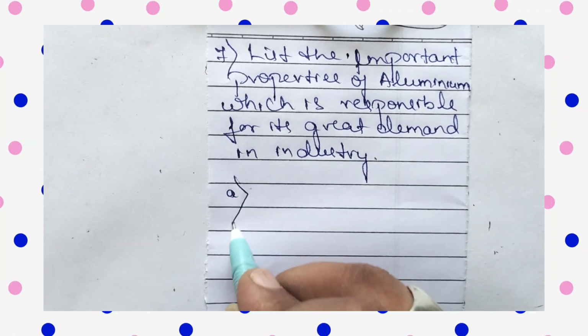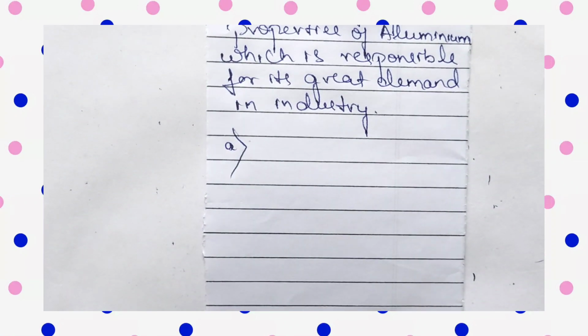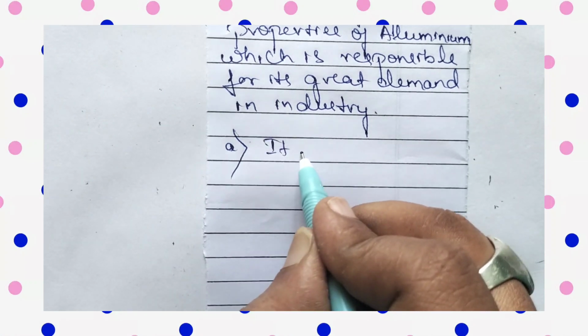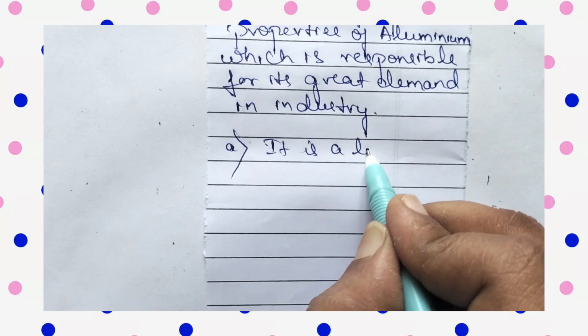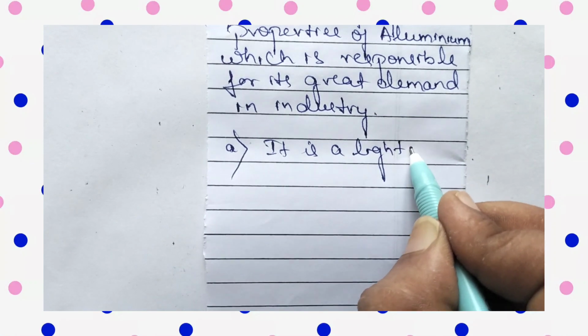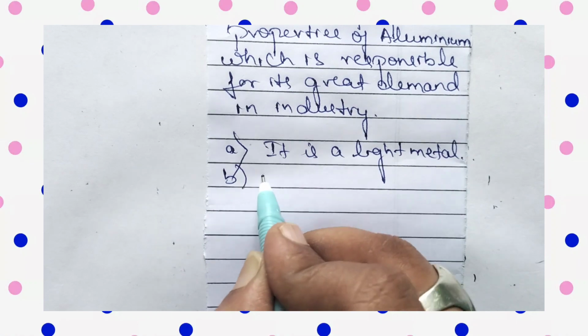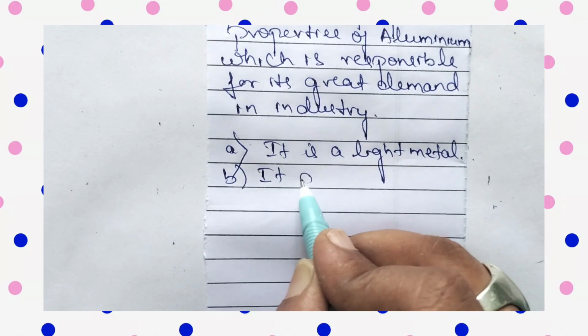So let us make a list. The first property is that it is a light metal. Second one is that it does not corrode.